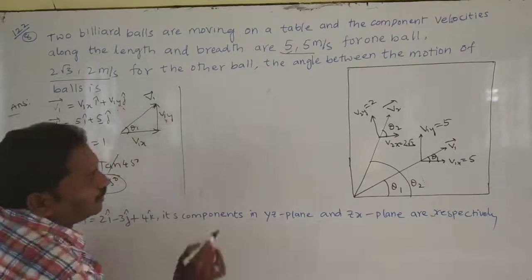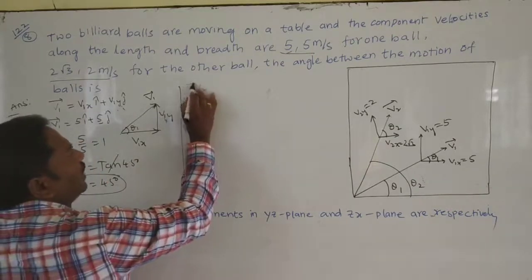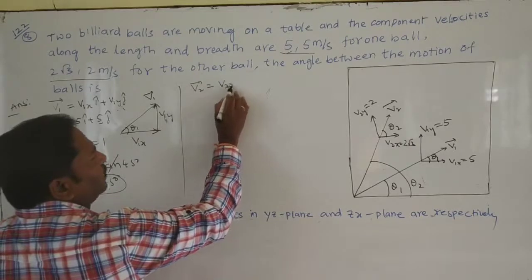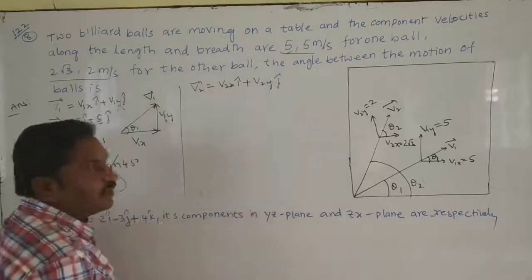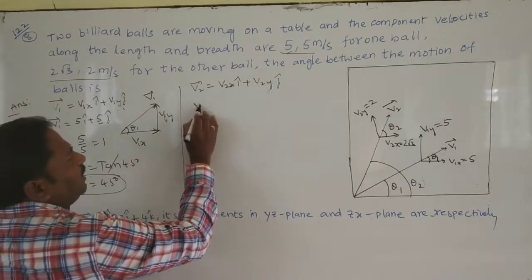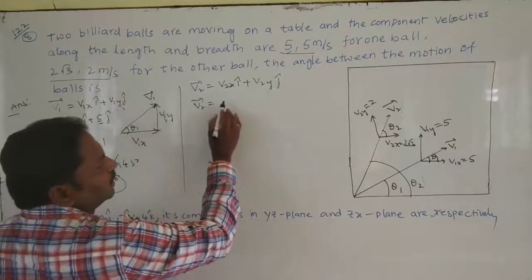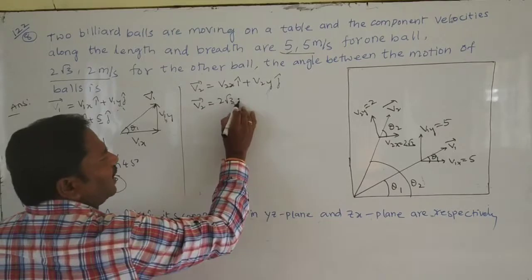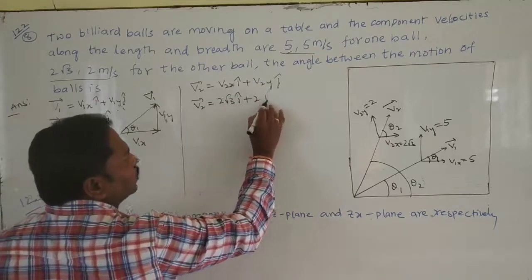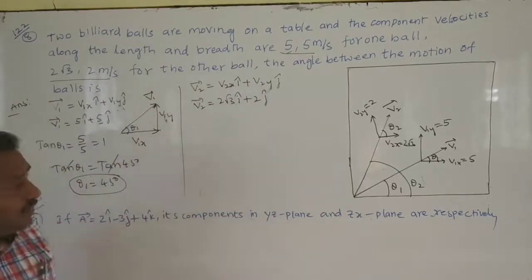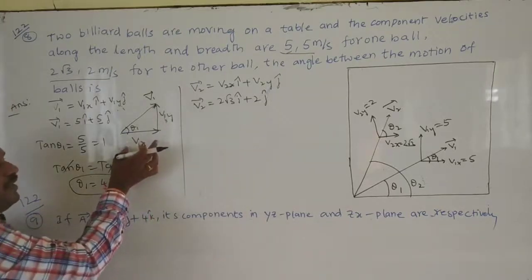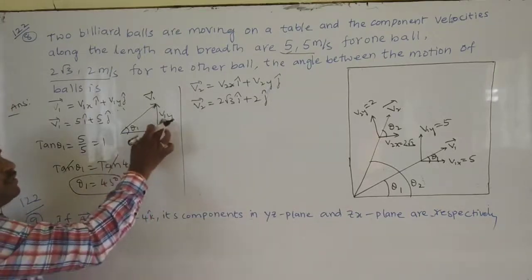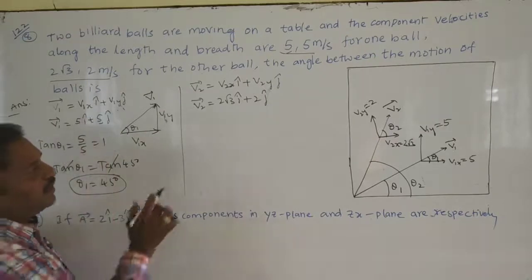And the second one, V2 bar equals V2x i cap plus V2y j cap, which is 2 root 3 i cap plus 2 j cap. Here also we can take the x axis and y axis.